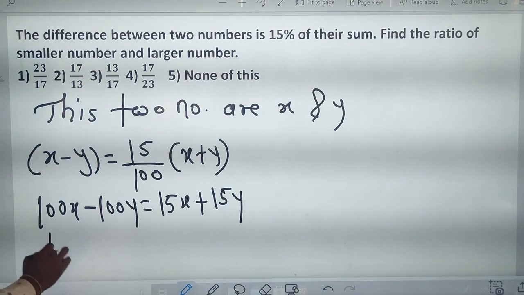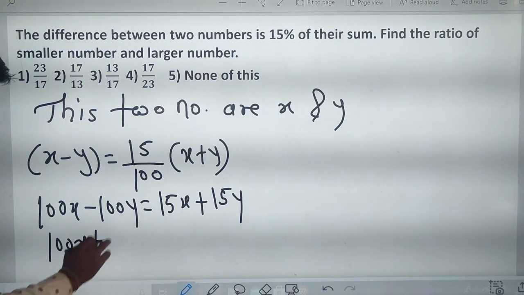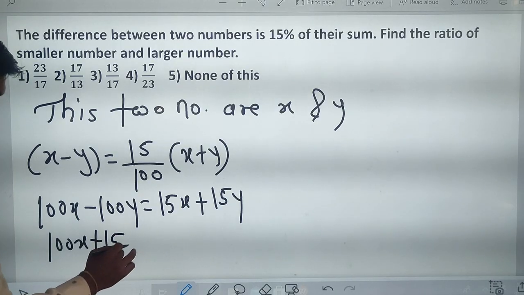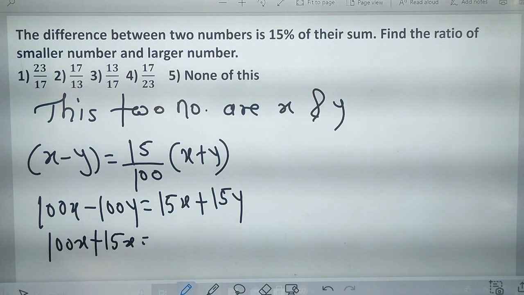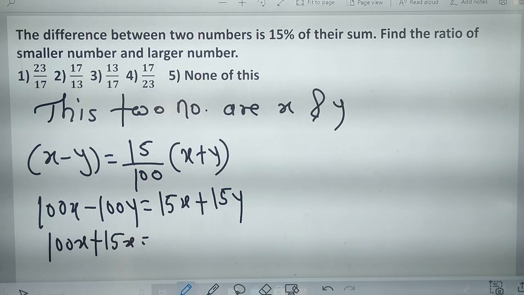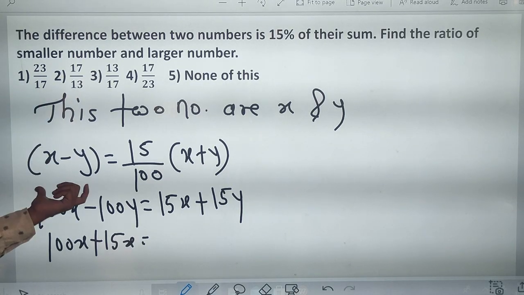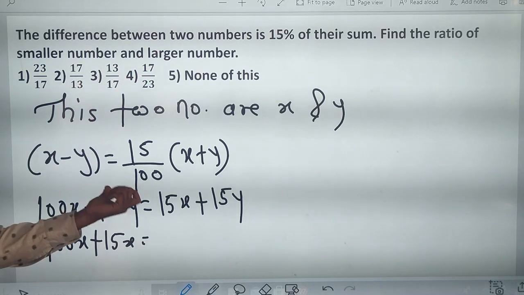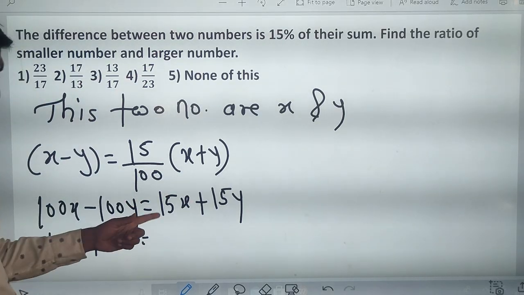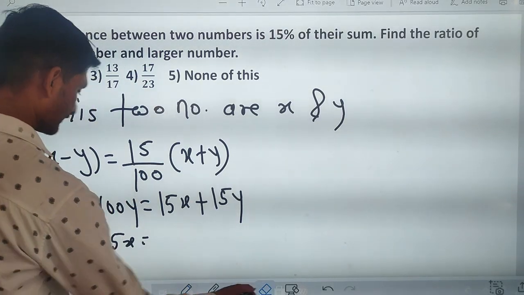The difference between these two numbers is 15% of their sum.